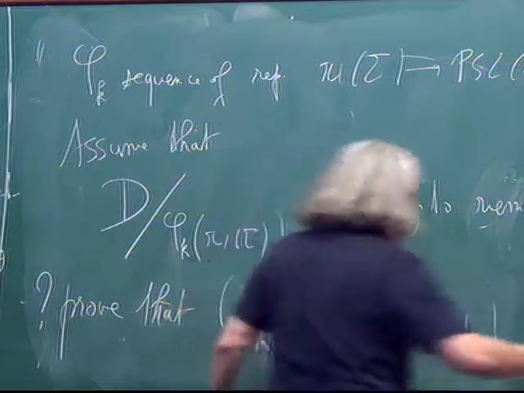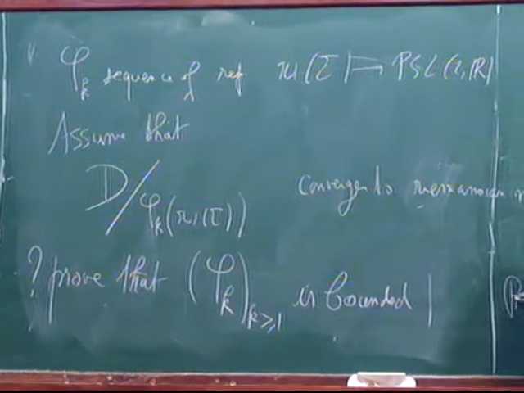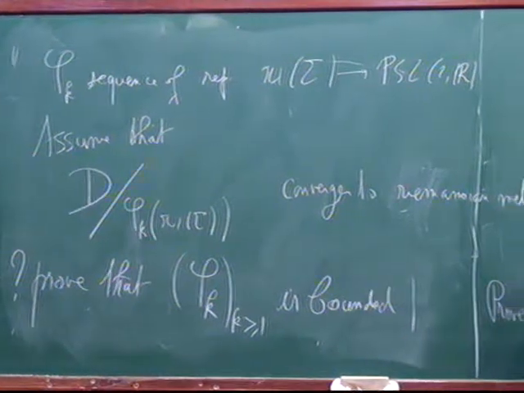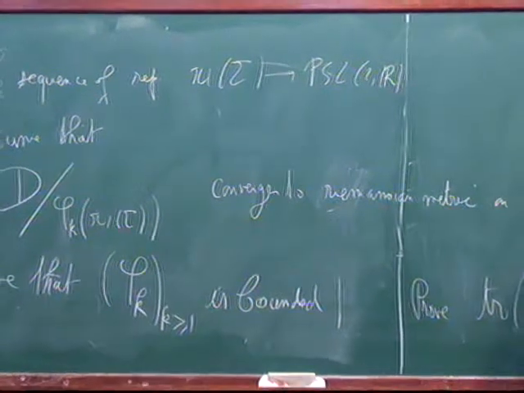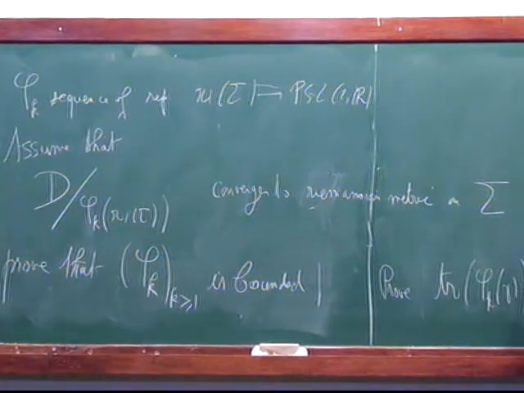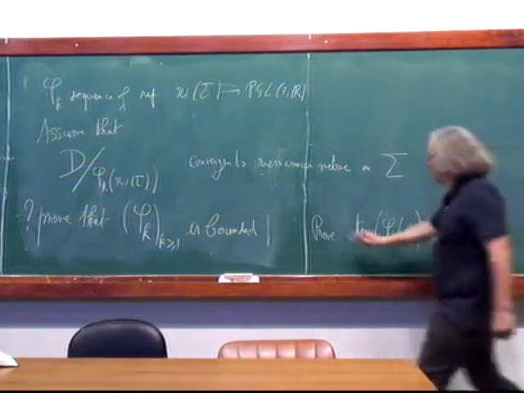Or if you prefer, using what we have seen today, you have to prove that the traces of phi k of gamma are bounded as a function of k for each gamma.